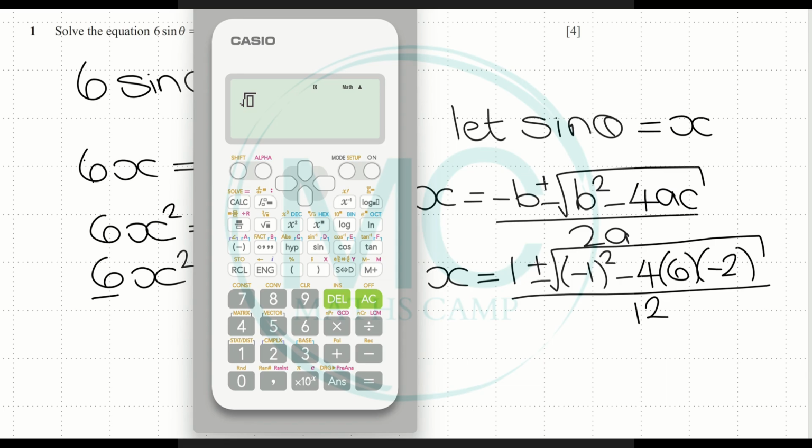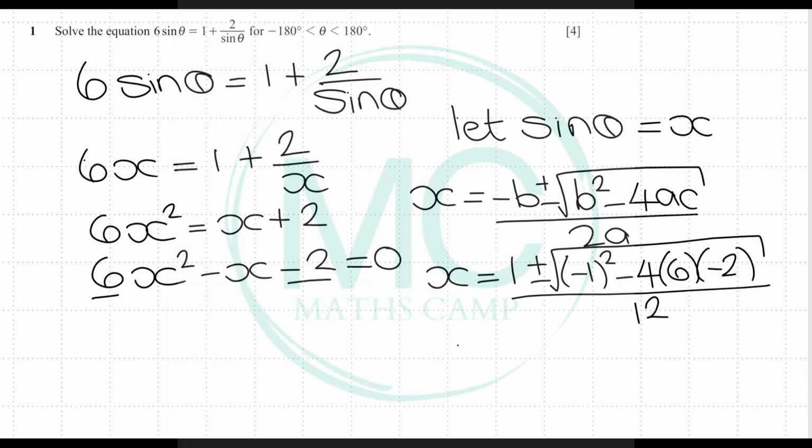Let's square root that, and we get 7. So our formula becomes x is equal to 1 plus or minus 7 over 12.